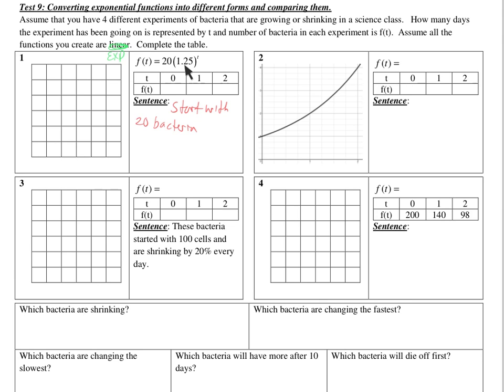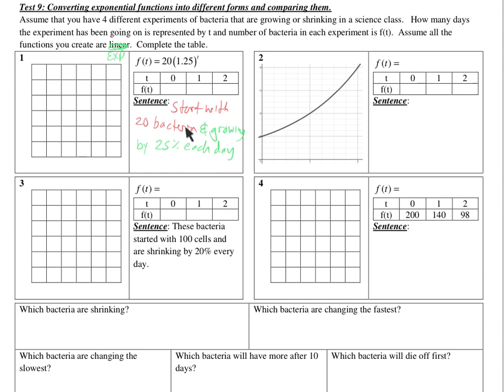Does it also tell you the percent? Isn't this 25 cents, which is 25%? So it starts with 20 bacteria and is growing by 25%, and t stands for days. So that's your beginning, and because it's bigger than 1, a growth of 25% each day, because that's what the problem's saying.